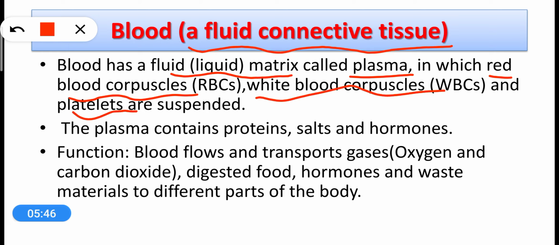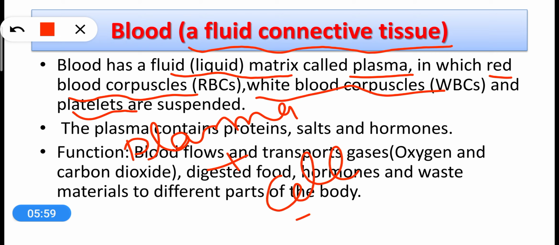So we can say that blood has two things. One is the plasma, that is the fluid or liquid matrix, plus the cells of blood, which are of three types: RBCs, WBCs, and platelets.